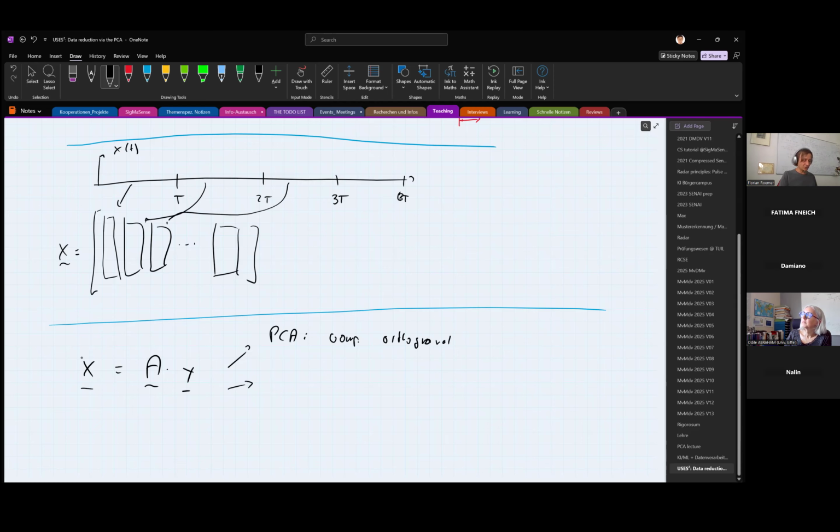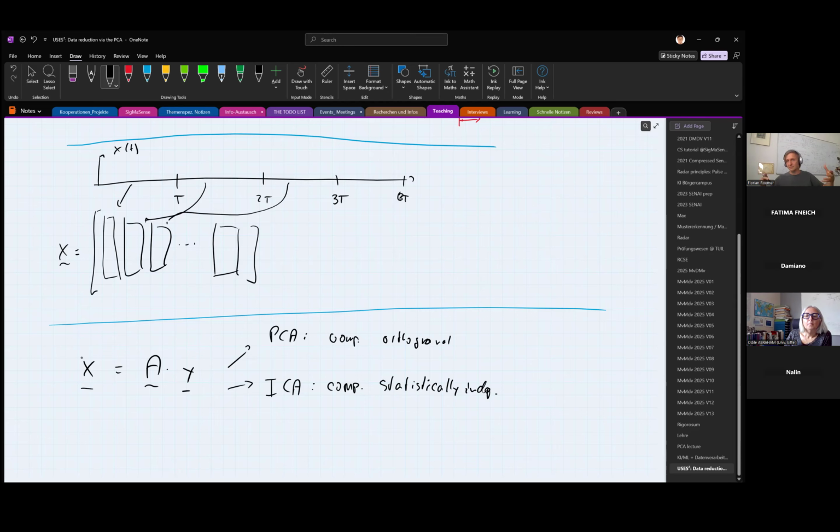And people are not so happy with this uncorrelatedness. And then they resort to other things like, for instance, ICA, where instead of principal component analysis, it's independent component analysis. And there the assumption is that the components are statistically independent. So if this is a better assumption, then ICA may work better. And I think for filtering components, this is usually preferred because statistical independence can easily be argued.